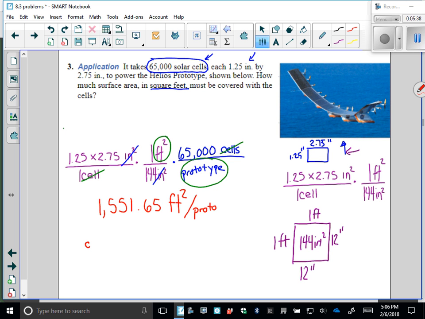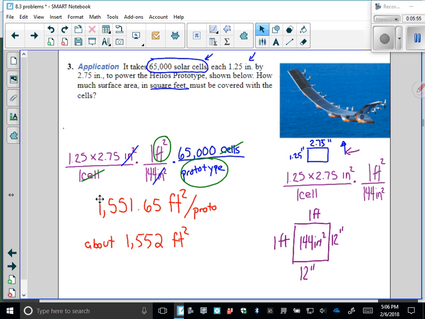So I would say about 1,552 square feet. That's the surface area.